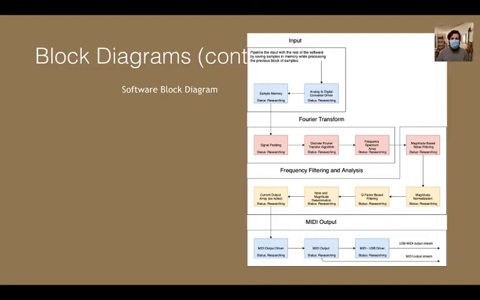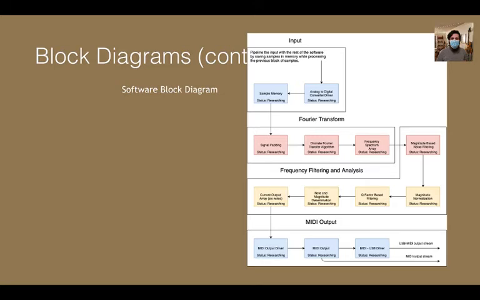So initially, the input comes in from the ADC and it's converted to usable data via a driver. And this data is stored in a sample buffer, which will then be used to turn into a frequency array via a fast Fourier transform algorithm.